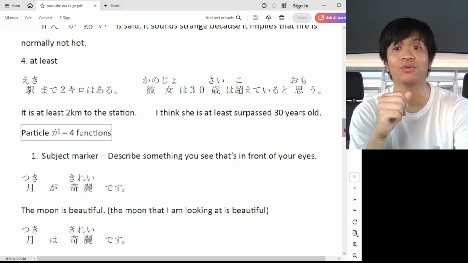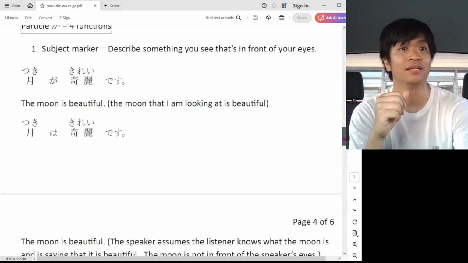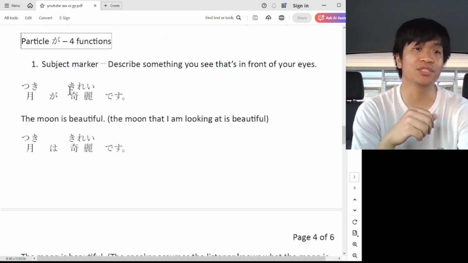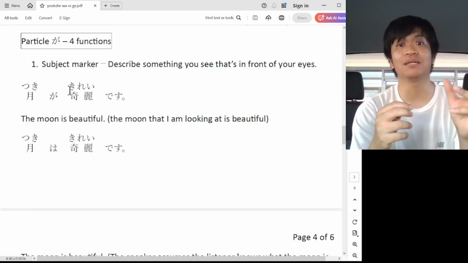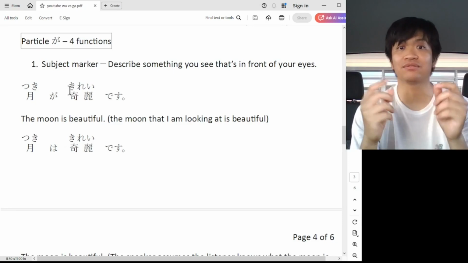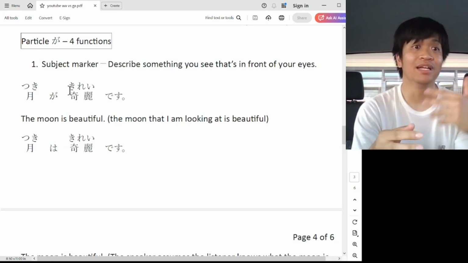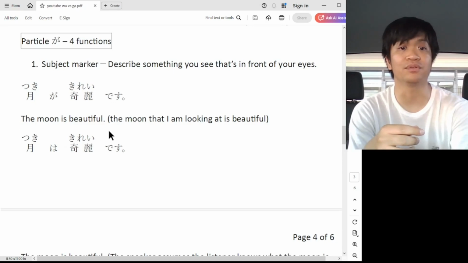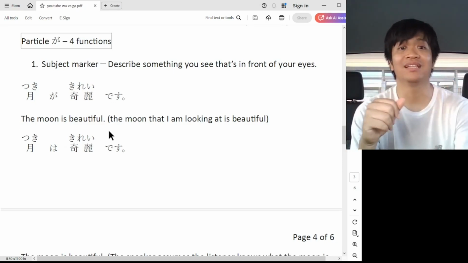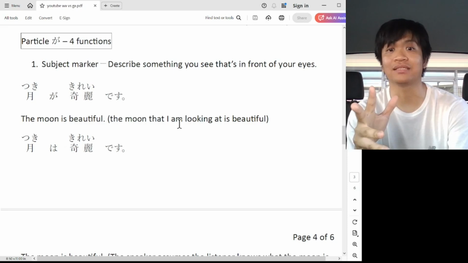Next, let's get into the 4 functions of ga. So for ga, the first function is subject marker. That's when you describe something that you see in front of your eyes. So for example, tsuki ga kirei desu. The moon is beautiful. And this is actually like, the moon that I am looking at is beautiful.